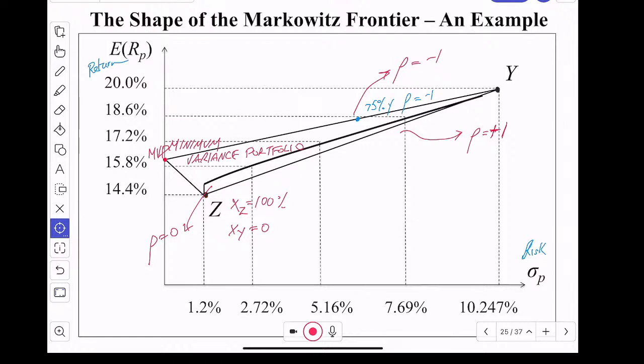Let's say you're here with 100%, looking at 100% invested in Z and nothing in Y. If you put more into Y, you reduce your risk, standard deviation goes back down, and you increase your return.